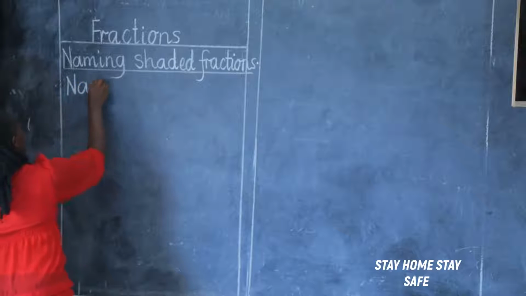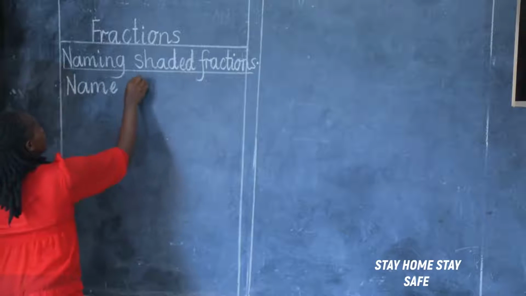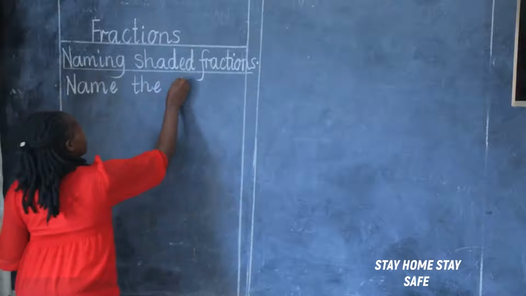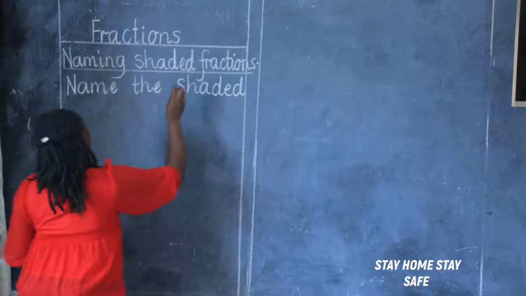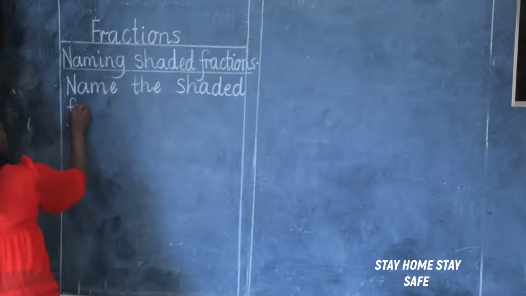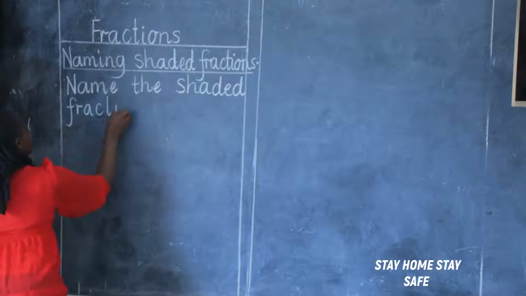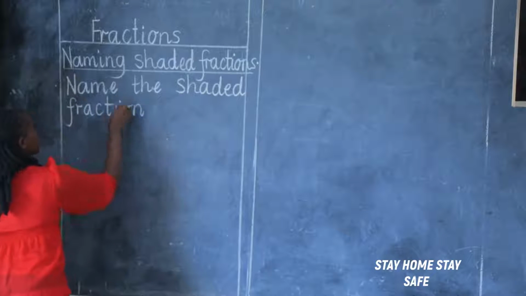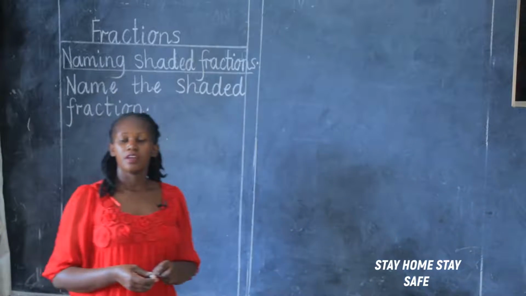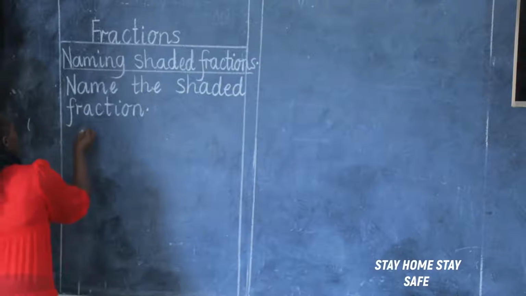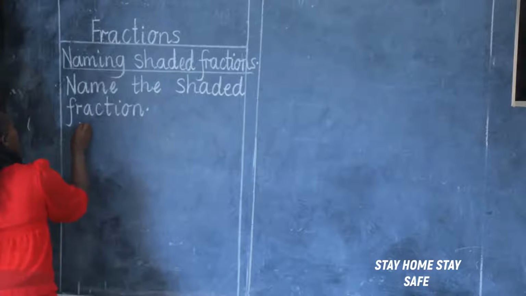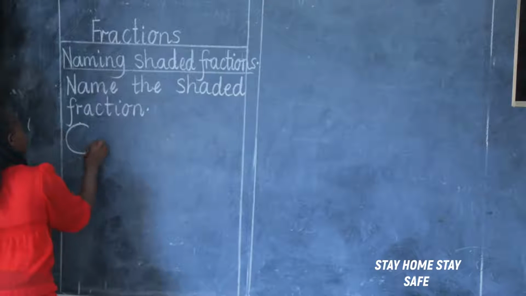My instruction says, name the shaded fraction. My first picture is of a tomato.